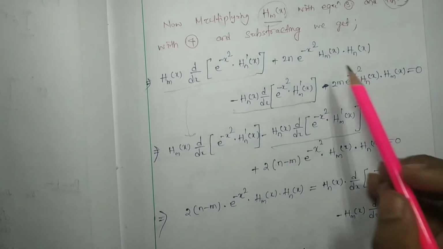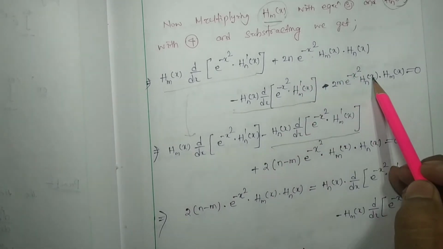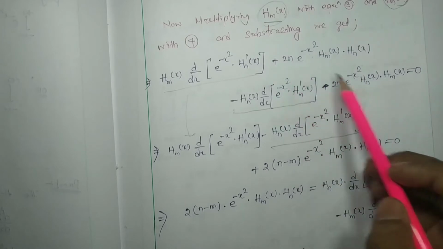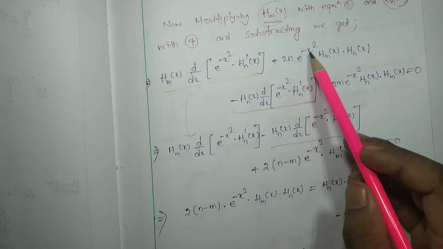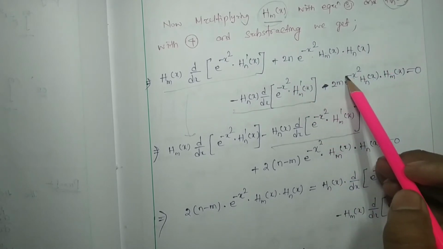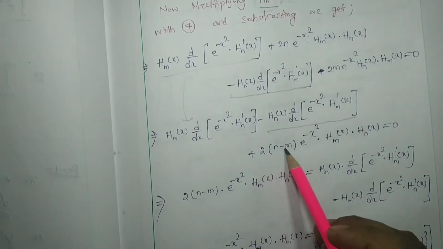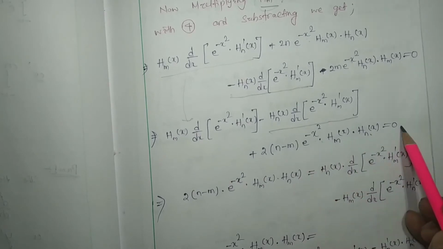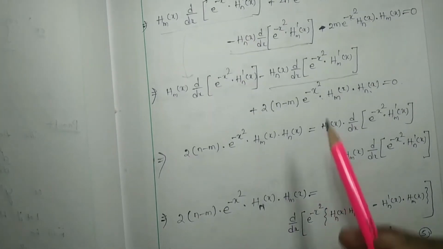Now combining this and this term by taking e^(−x²) and 2 common, 2 e^(−x²) Hm(x) Hn(x), we get n − m. So 2(n − m) e^(−x²) Hm(x) Hn(x) = 0.